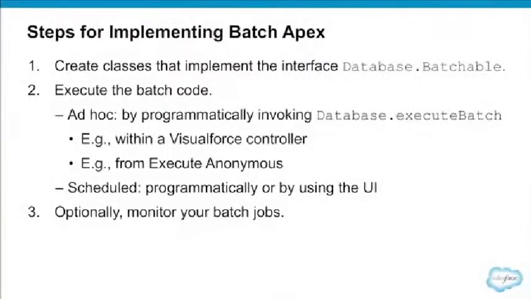So to implement it, there is a batchable interface that we would need to create a class and then implement that interface. The way that we would execute it is either by explicitly doing a Database.executeBatch and then passing a reference to the class that we created, or you could create scheduled Apex and then schedule the batchable class that you created to execute.